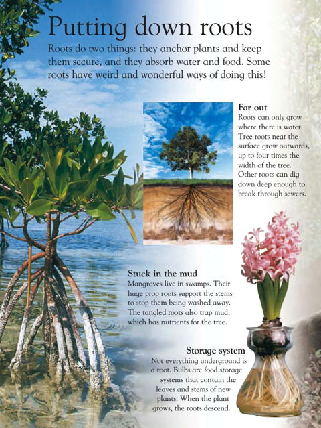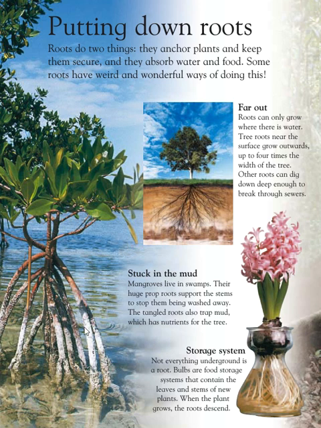Over here, do you see this kind of funny plant with its funny roots? These are mangroves, and they live in swamps, which is a wetland. Their huge prop roots support the stems to stop them from being washed away.